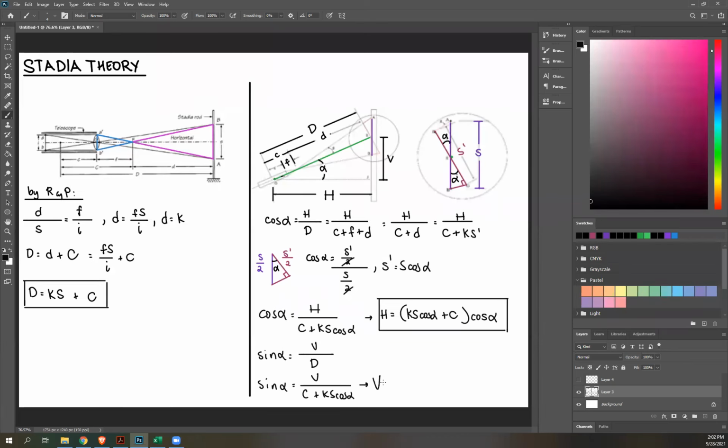And therefore V equals Ks cosine alpha plus C times sine alpha. And that's how you got the equations.